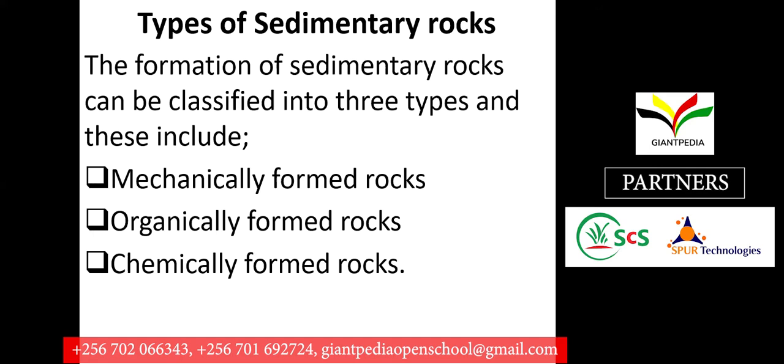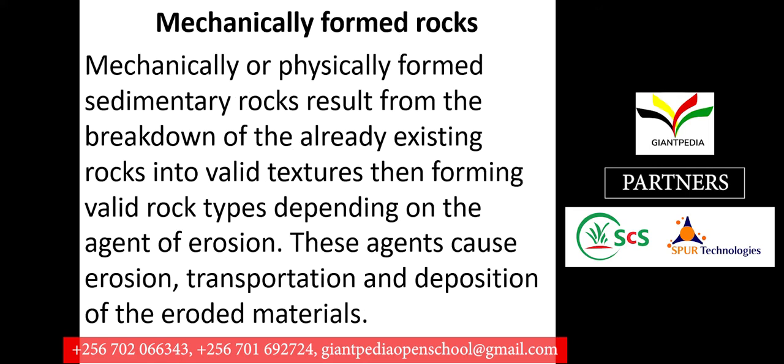These are the three. Now, when we were defining sedimentary rocks, the broad definition was basically about the mechanical formation of the rocks. So these are the mechanically formed rocks. Mechanically or physically formed sedimentary rocks result from the breakdown of already existing rocks into varied textures.